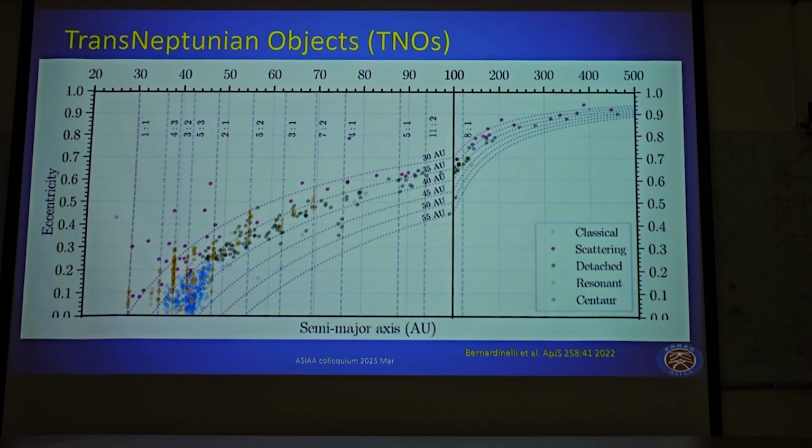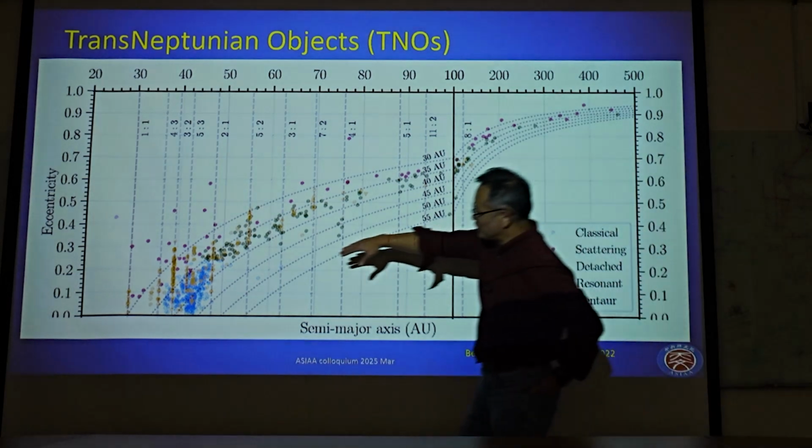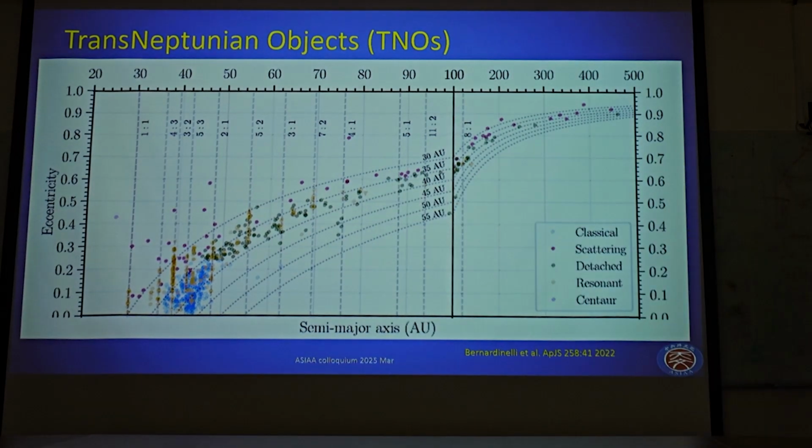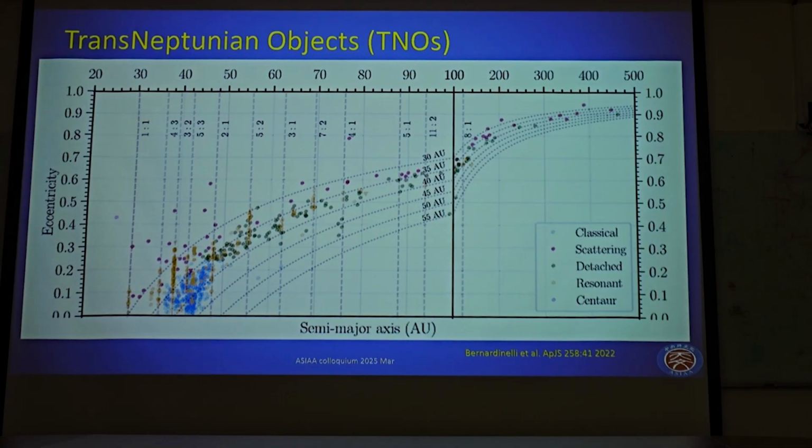And then you have the red spots, which shows a more chaotic distribution in this plot. But basically, you can see they all lie above this line, showing that they have been scattered by the giant planet, mostly Neptune, during the evolution of the solar system.